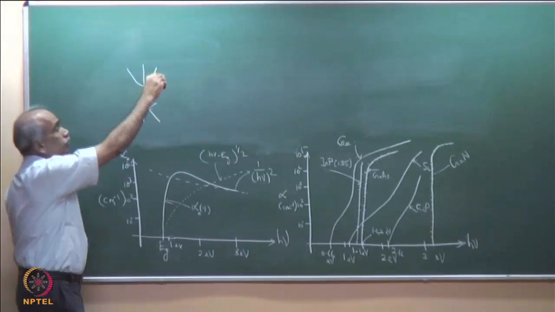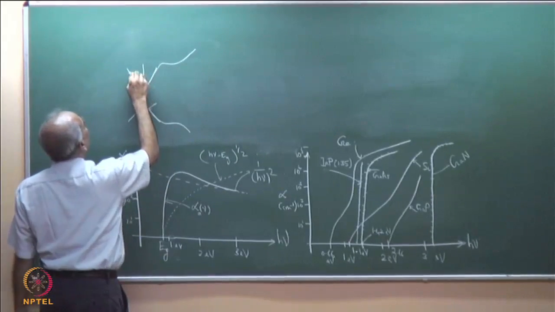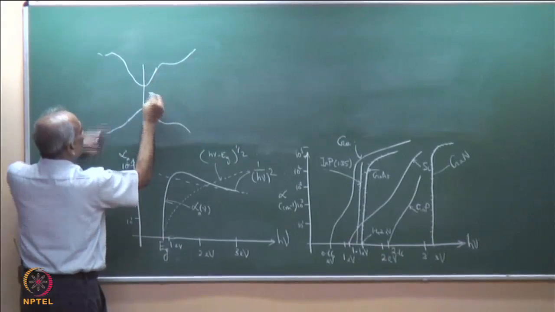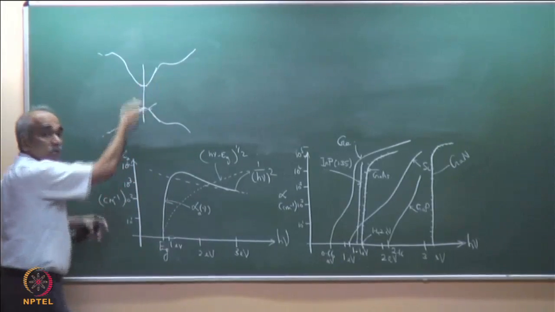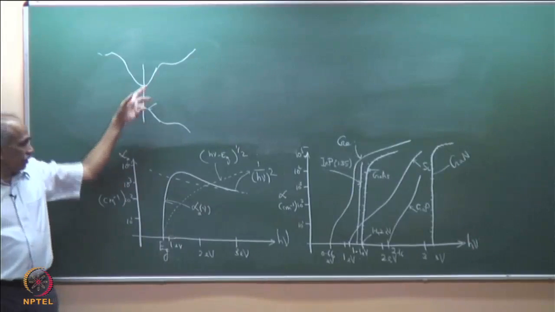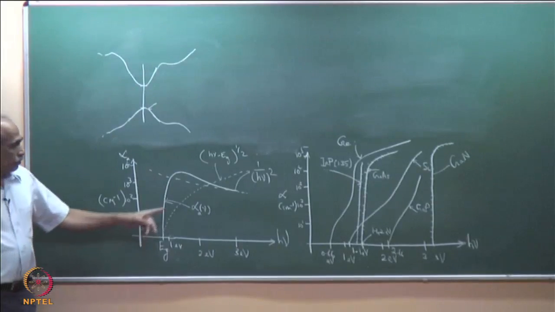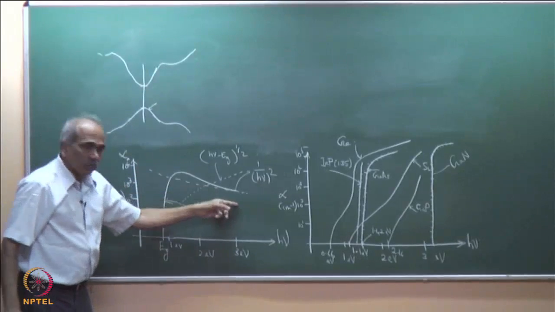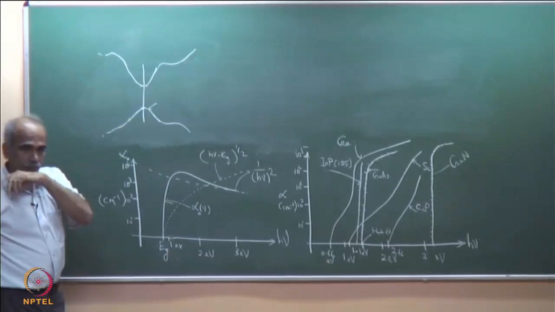Close to the band edge, let us say Eg plus 0.1 eV, 0.2 eV, the parabolic approximation is a very good approximation, and based on that we have derived these expressions for a direct band gap semiconductor. But beyond that, this is not true. So, these curves are only valid close to the band edge, point number 1.